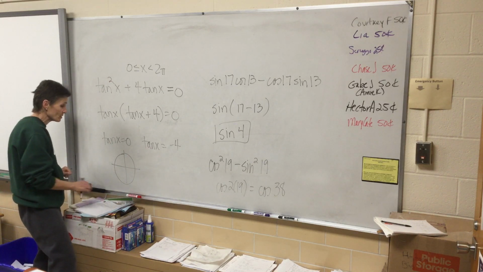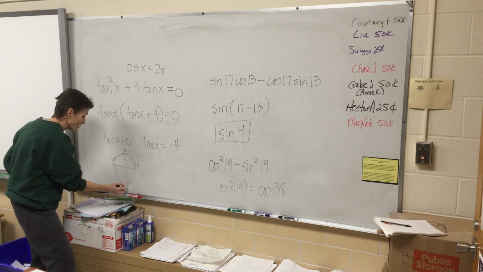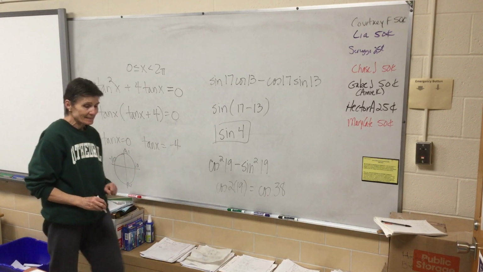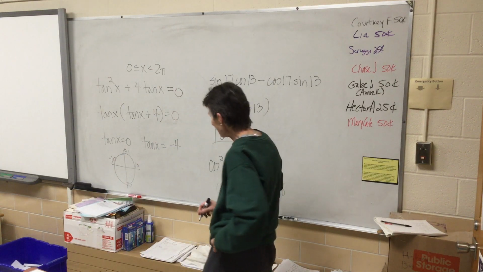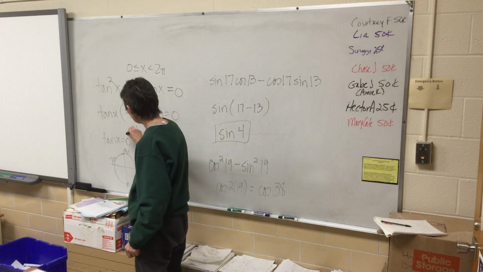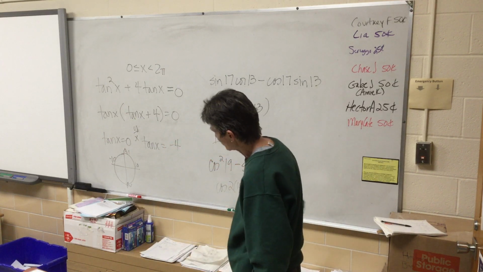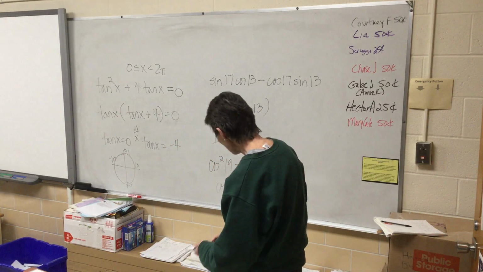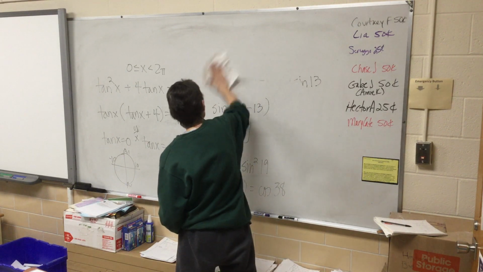The picture we need for a 0 is the circle. Where on the circle is tangent 0? Now remember, tangent is y over x. So where around that circle, if you put the y over the x, will you get a 0?